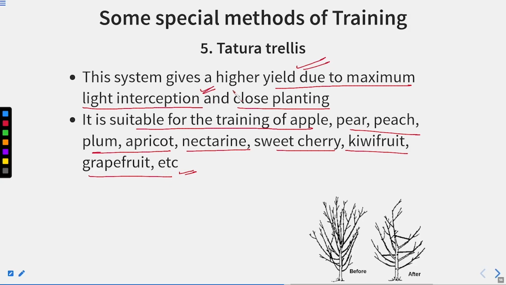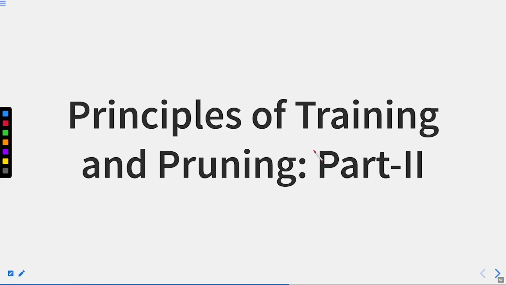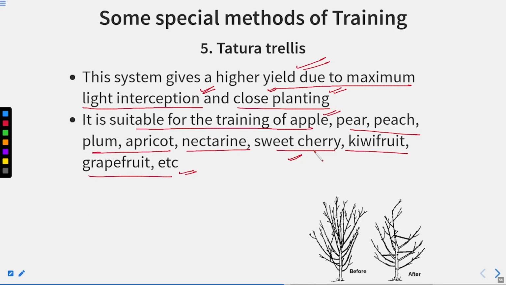Maximum light falls on the plant and they grow in a proper way. Close planting is also done in this case, and it is suitable for training these many plants, that is apple, pear, peach, plum, apricot, nectarine, sweet cherry, kiwi fruit, and also the grapefruit.